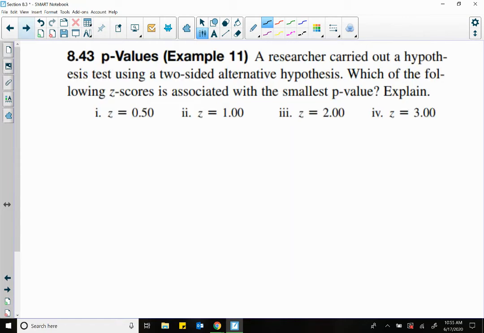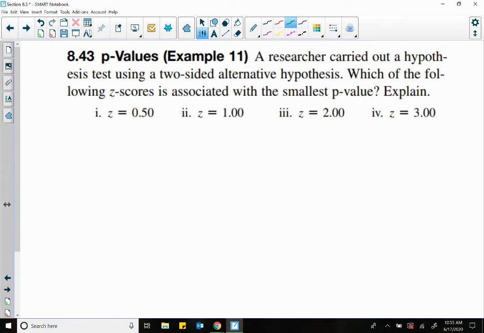So here we've got a question. It says a researcher carried out a hypothesis test using a two-sided alternative hypothesis. Which of the following z-scores is associated with the smallest p-value? Pause and go. Okay, remember I talked about this.